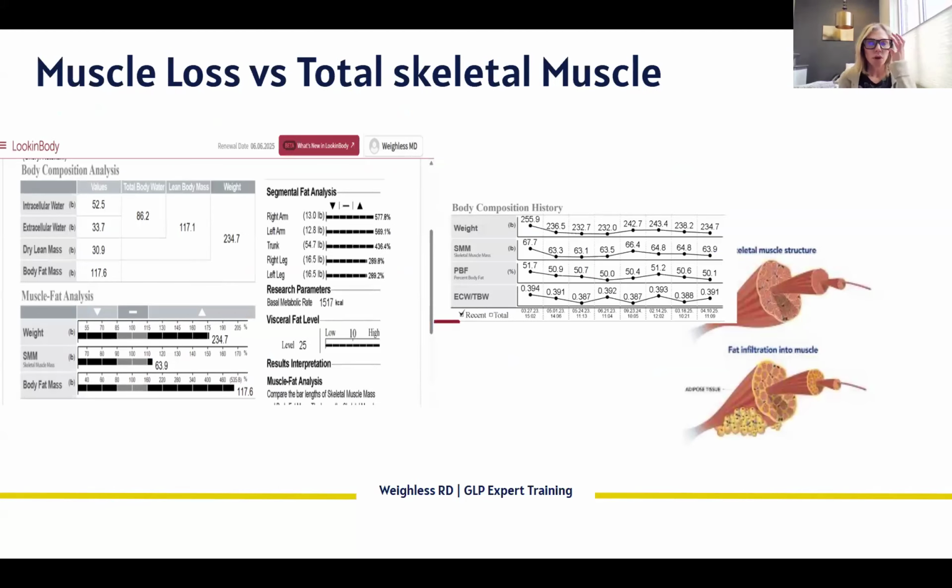Okay, so another important thing, especially if you're able to utilize body composition analysis. For those who don't have access to one, you can easily find local gyms or places that offer the InBody or the DEXA scan, where your patients can go and do these once a month. Because that's what we do.